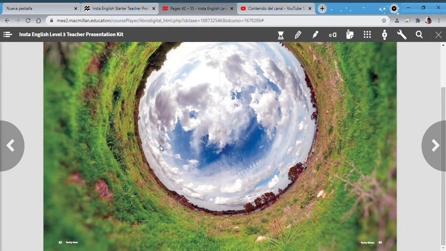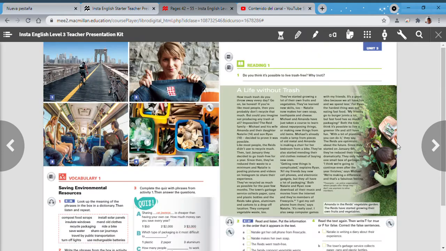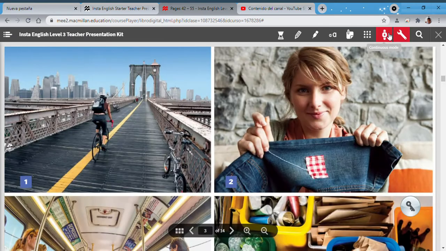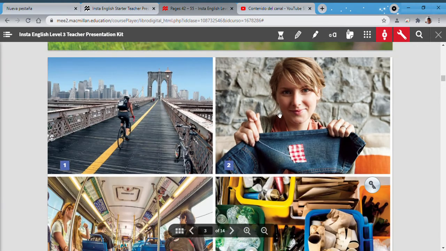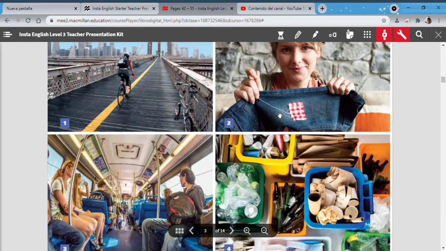Now let's continue. Remember, page 42 and page 43. In here, I have 4 pictures. Number 1, number 2, number 3, and number 4. So, what can you see in picture number 1? We continue guessing, okay? A person riding a bicycle.